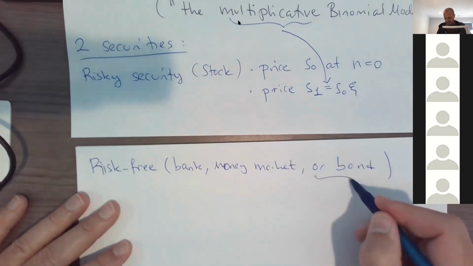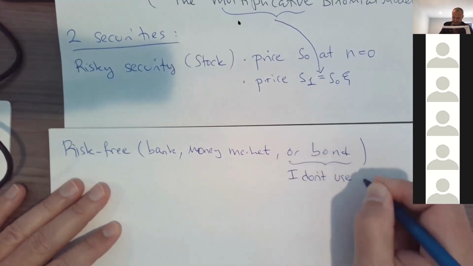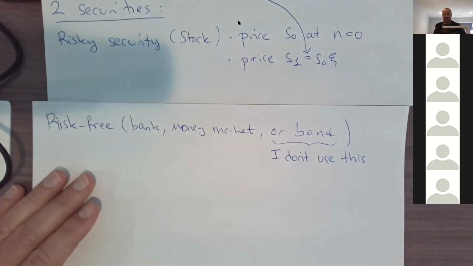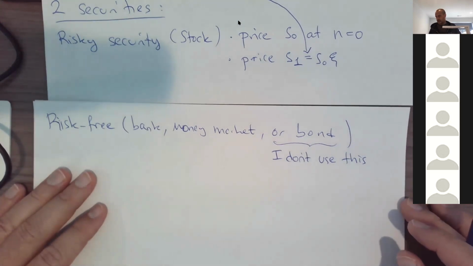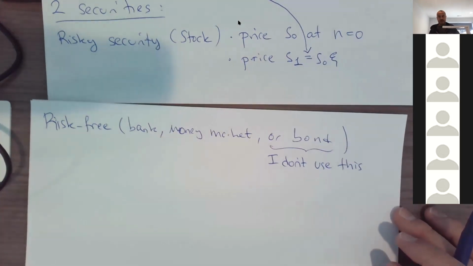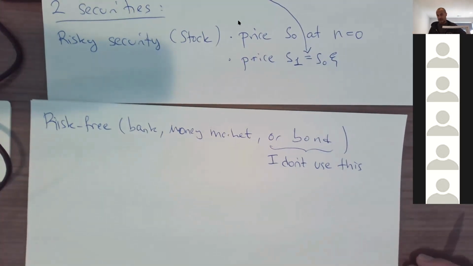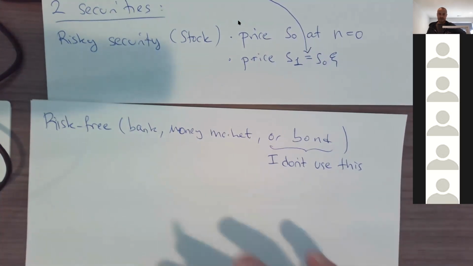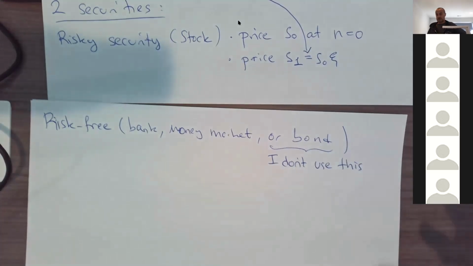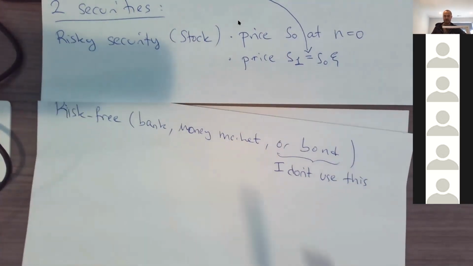I don't like calling it a bond; in my experience that adds confusion, because at the very end of this course we are going to be talking about something called fixed income, and fixed income also has bonds in it. These bonds have nothing to do with the money market and the risk-free security that we're talking about here. Depending on what resource you're reading, you might see people use the word bond for the risk-free security.